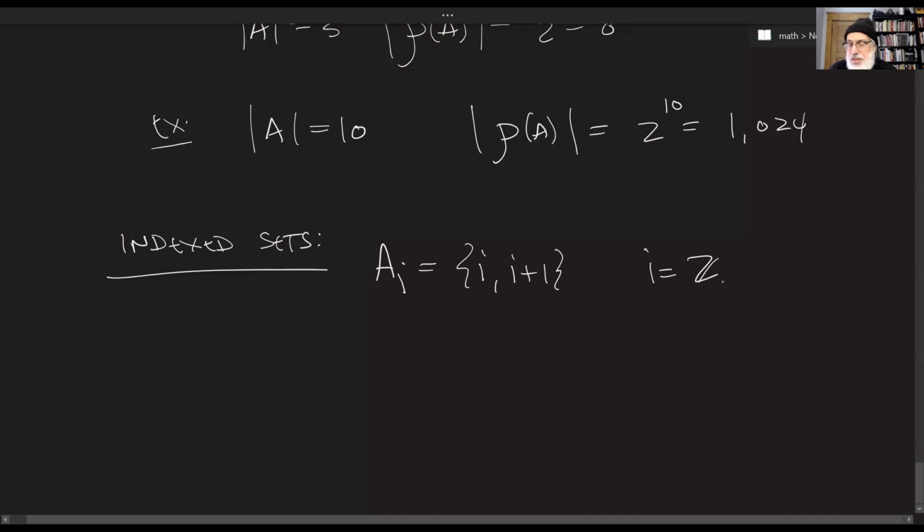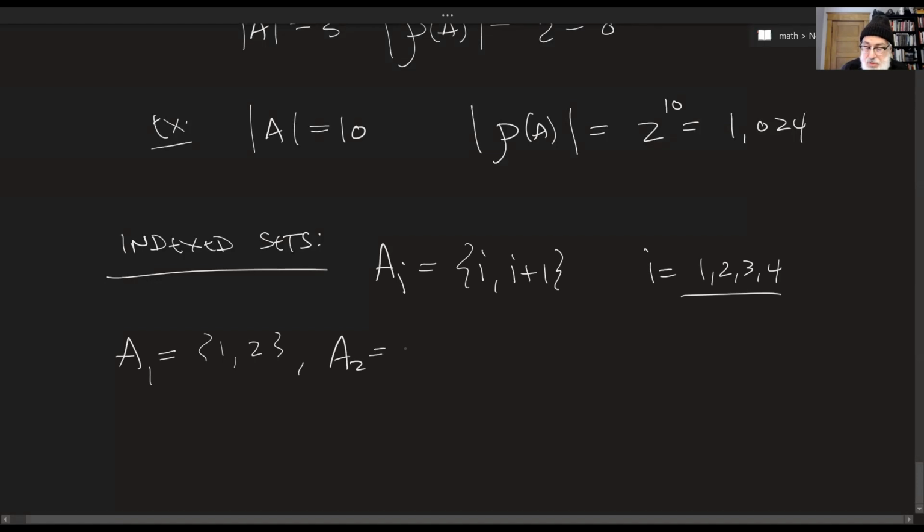But as an illustration, let's say that I is just 1, 2, 3, and 4. So this index set, A sub I, I just look at this index and I start with A sub 1, and then the rule says I replace whatever the subscript, I, is with it, and then I add 1 to it.